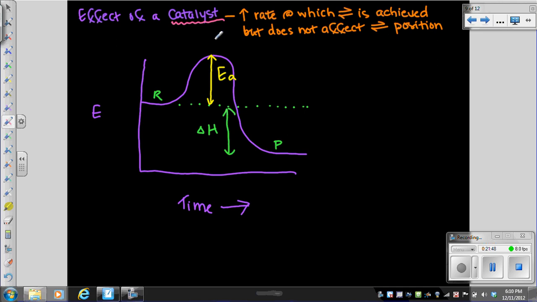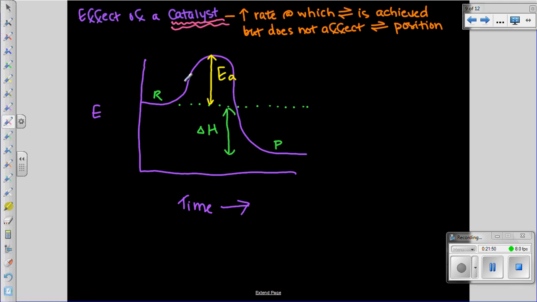Now, when we add a catalyst, and I'm going to make the catalyst pink, what happens is it lowers the activation energy by providing a new pathway. So it doesn't change the delta H, doesn't change the energy of the reactants or the products, but it provides a new pathway with a lower activation energy.